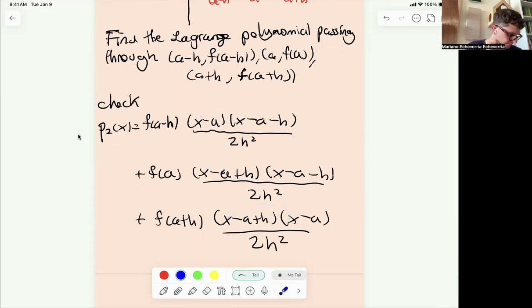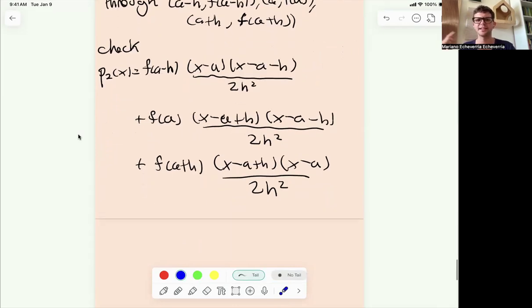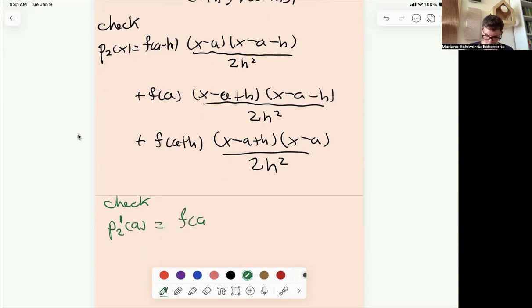And what's interesting about this polynomial, and again I'll put it for you to check out, is that if you take the first derivative of this polynomial and evaluate it at x equals a, you will find this expression. You just take the derivative with the product rule, plug in x equals a, and this is what you will get.